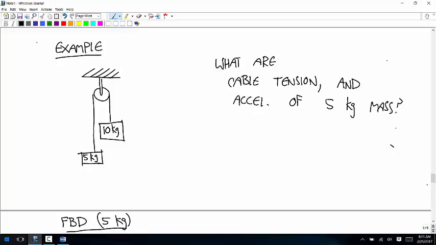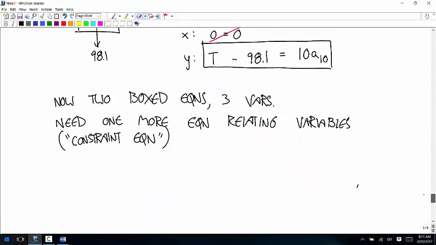Our constraint equation is going to say that, which one do we want? The acceleration of the 5? Yeah. So our constraint equation is going to say that the acceleration of the 10 is the negative of the acceleration of the 5. So a10 is equal to negative a5.